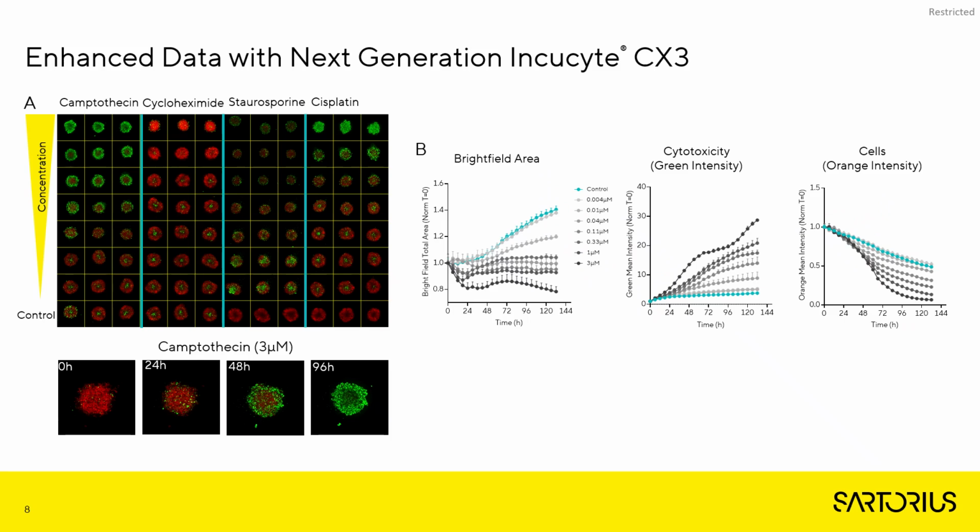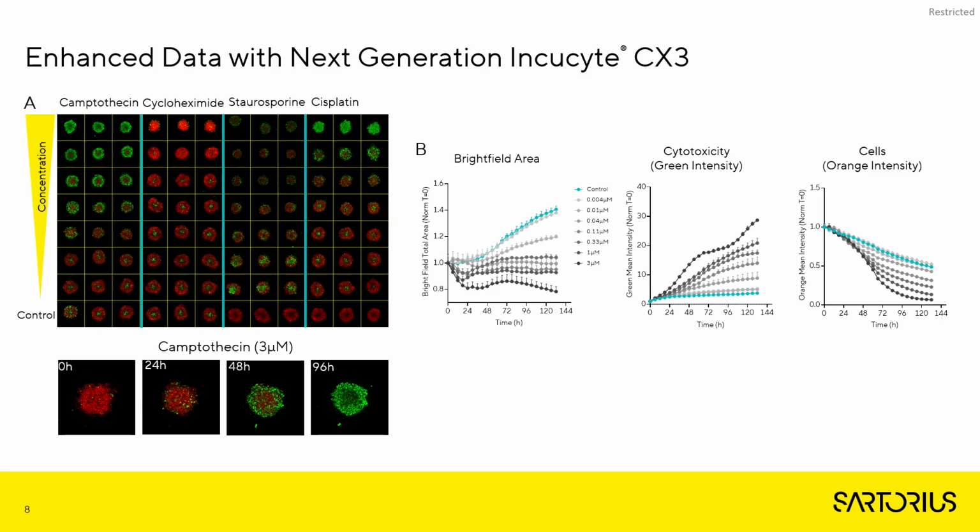The new Incucyte CX3 supports multicolor single spheroid imaging and quantification, enabling both bright field and fluorescent imaging with the use of confocal max projection images. A549 Nuclight Orange cells were treated with various compounds in combination with Incucyte Cytotox Green over 5 days.